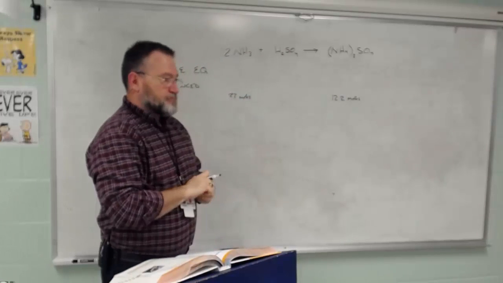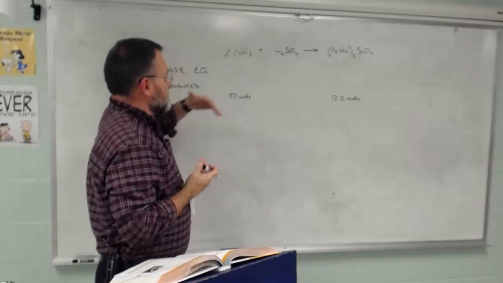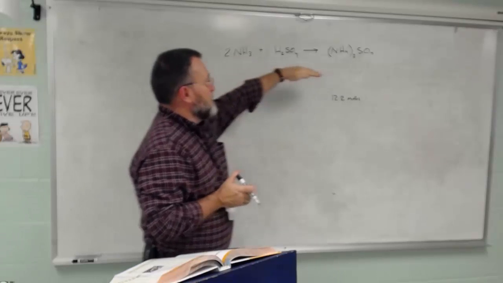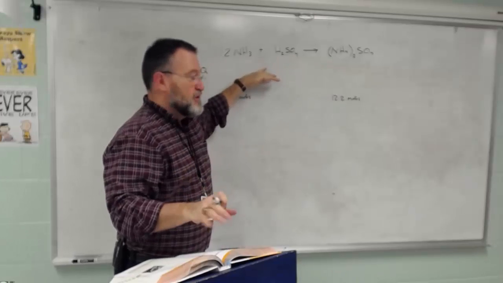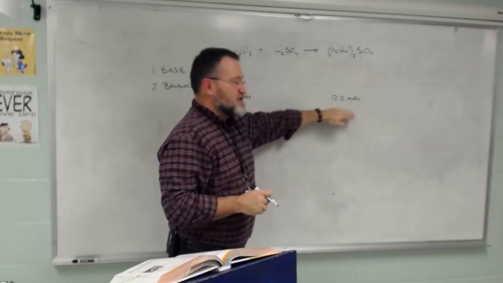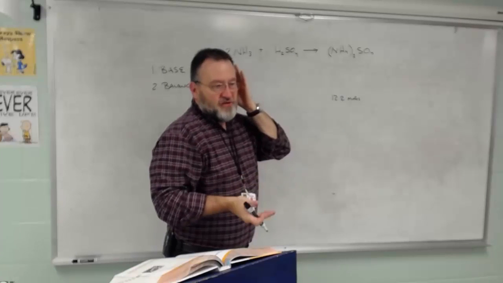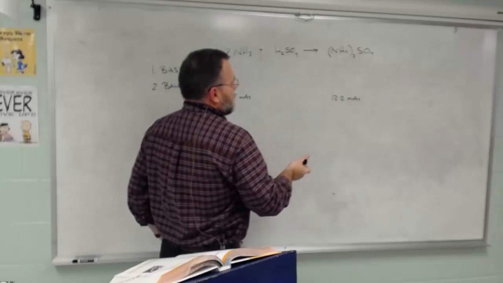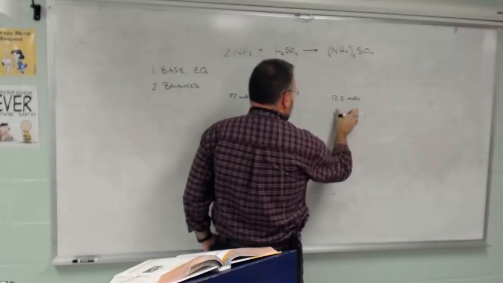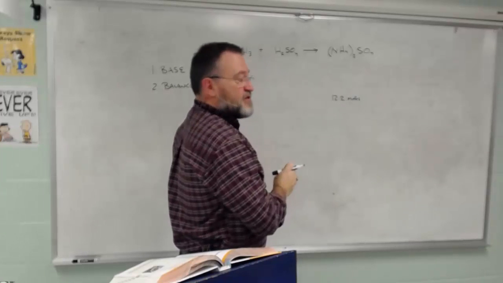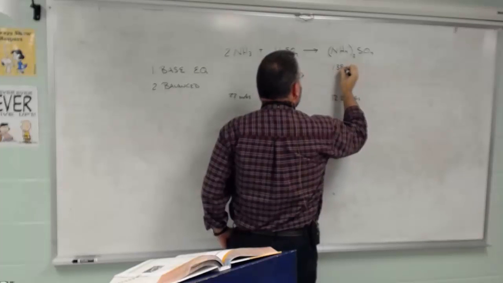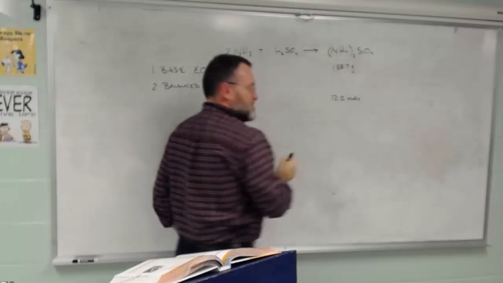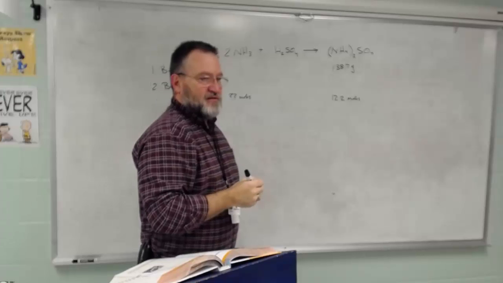I leave a space here because sometimes in the future, in this module, they're not going to give us the number of moles, they're going to give us the number of grams. Let's say the problem, rather than saying that you produced 12.2 moles, said that you produced 138.7 grams of ammonium sulfate.